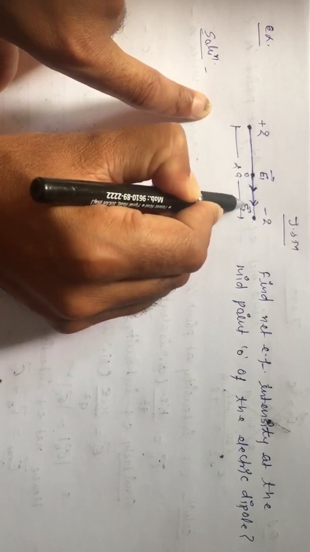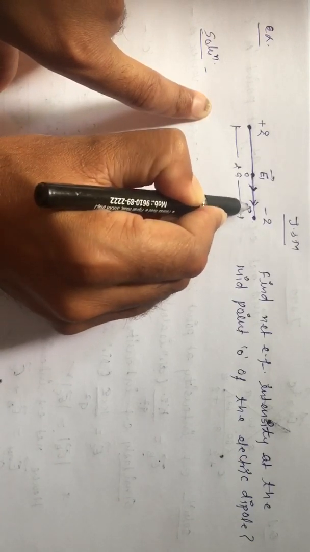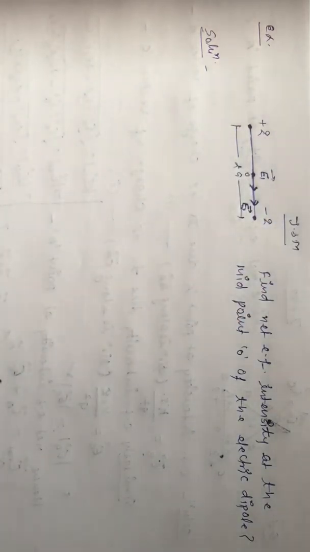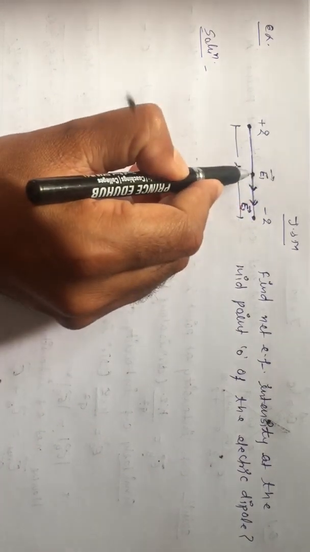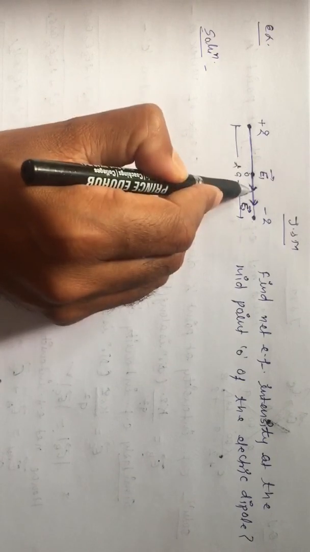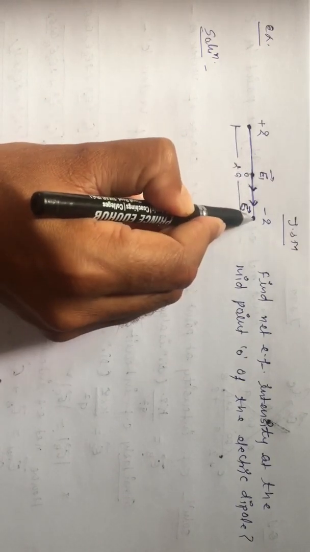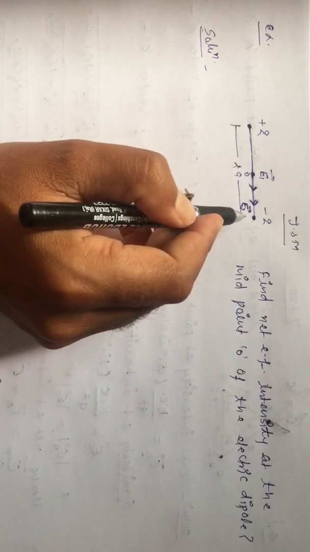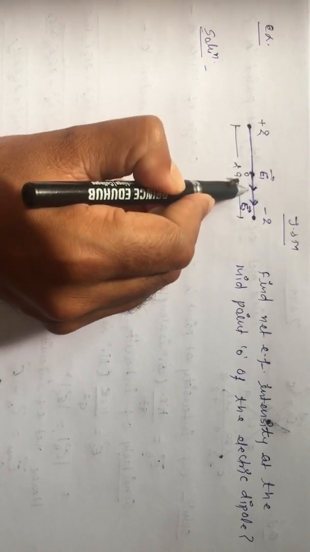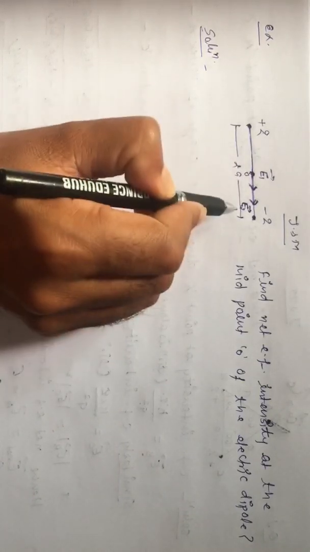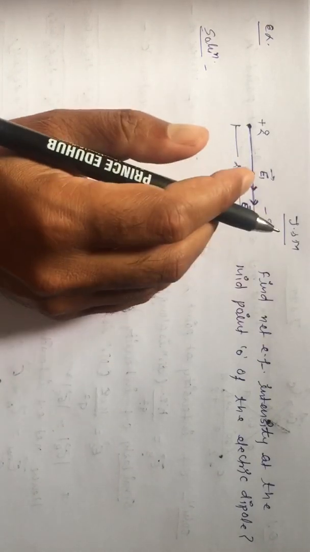Very important. Generally students directly answer that the intensity at the midpoint is 0, which is a misconception, a wrong concept. Dear students, intensity is a vector quantity. Due to plus Q charge, intensity is away from the positive point charge, and due to minus Q charge, it is towards the minus Q charge. It means at point O, the intensities due to both charges are in the same direction.